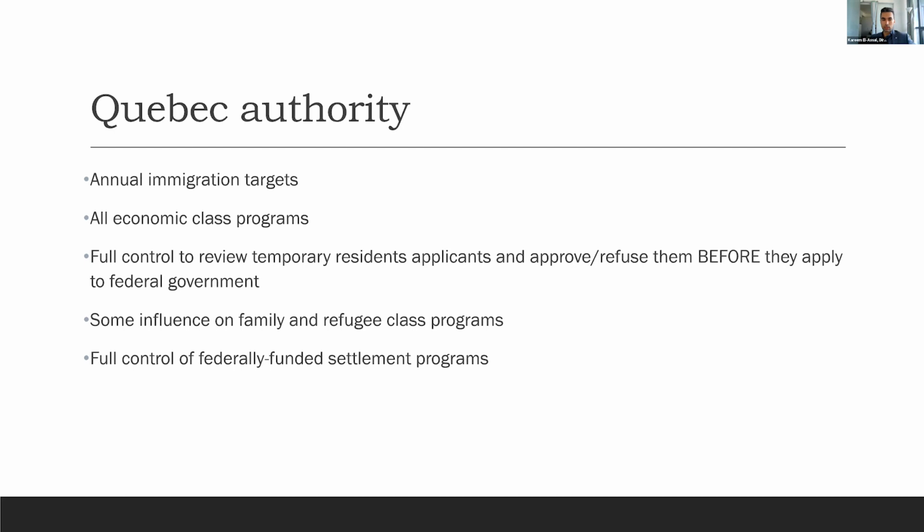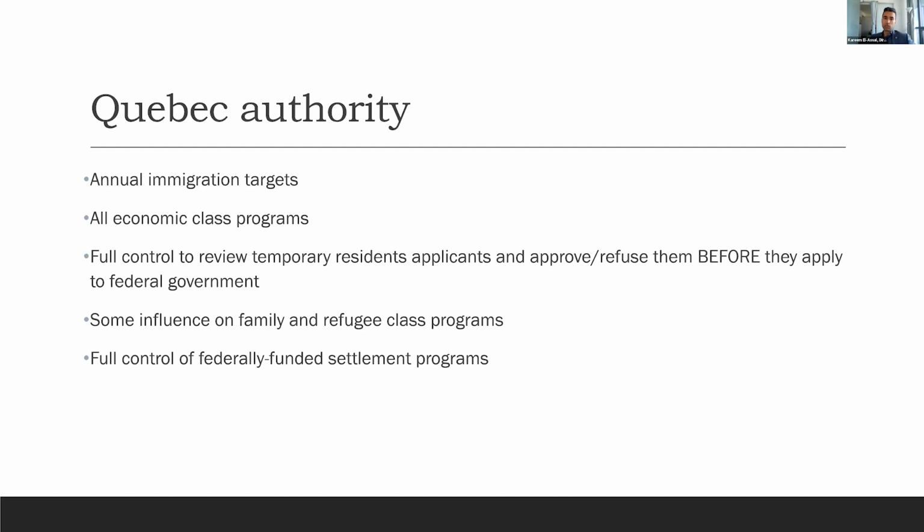That agreement, called the Canada-Quebec Accord for short, was signed in 1991. Quebec, also unlike other provinces and territories, has full control in terms of its economic class program. So basically, if you are looking to apply to a federal program, you can go to any province and territory in Canada, except for Quebec. This is with respect to the economic class.